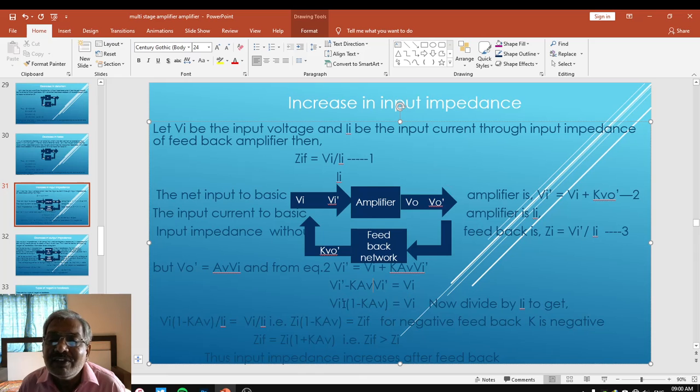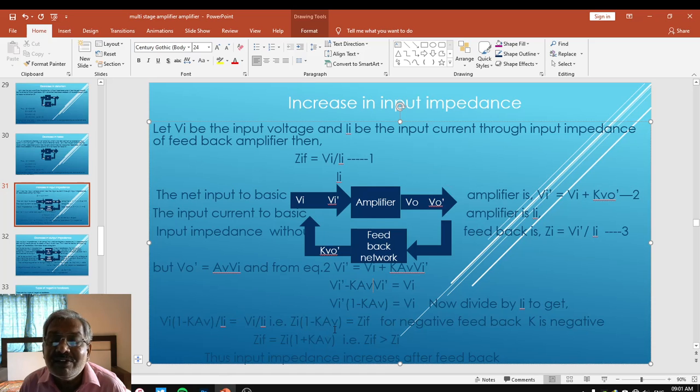Now divide both sides by the input current Ii to get Vi dash into bracket 1 minus K Av upon Ii is equal to Vi upon the input current Ii. That is, Vi dash upon Ii is Zi, from equation number 3.